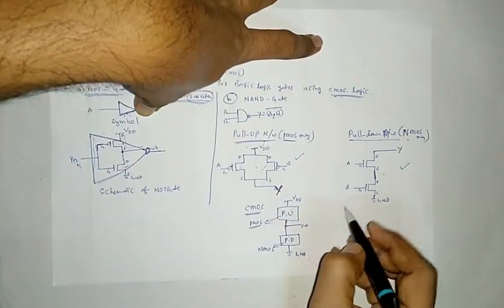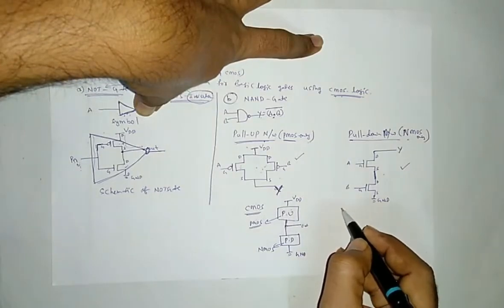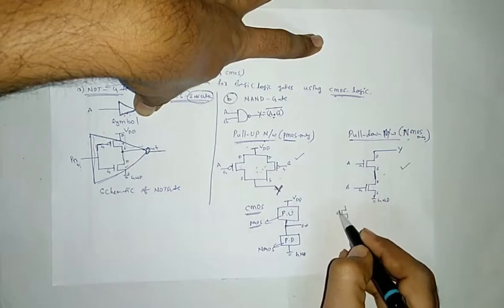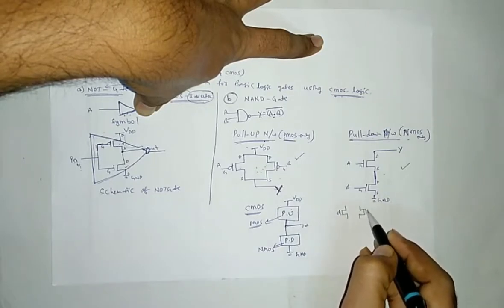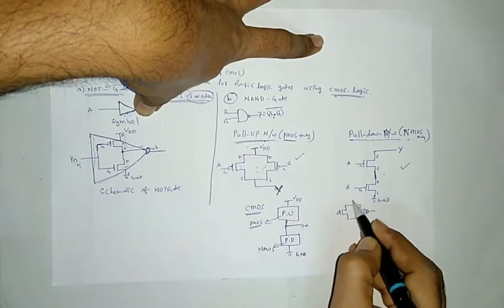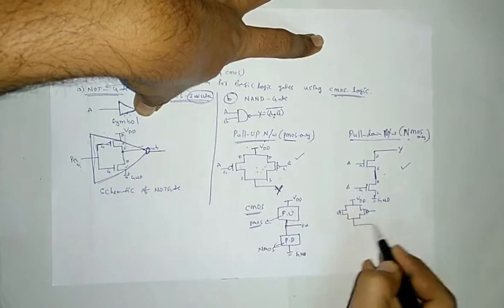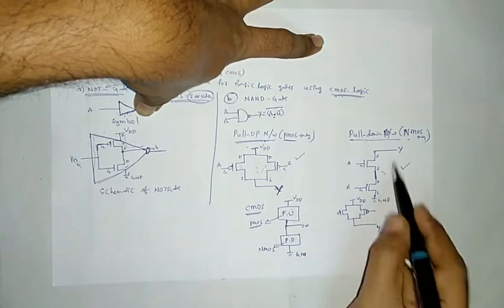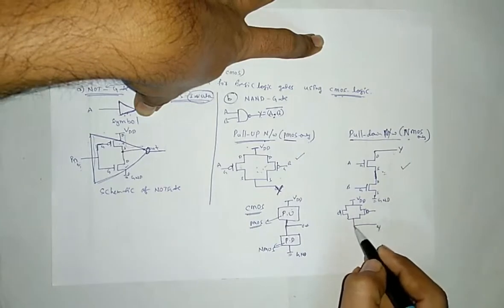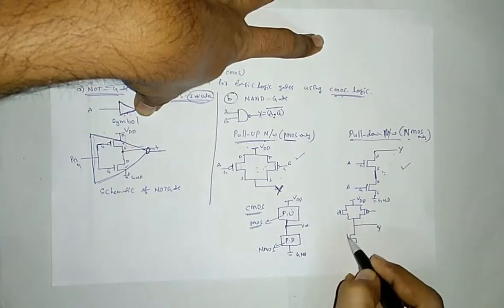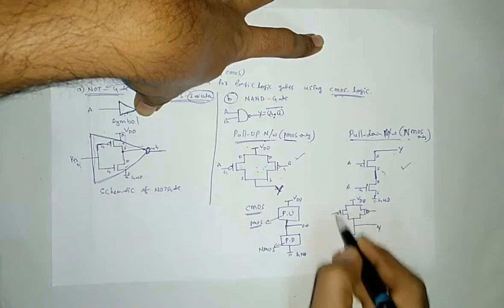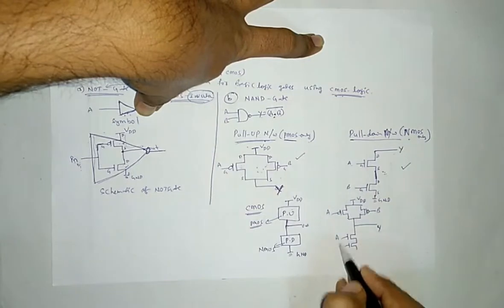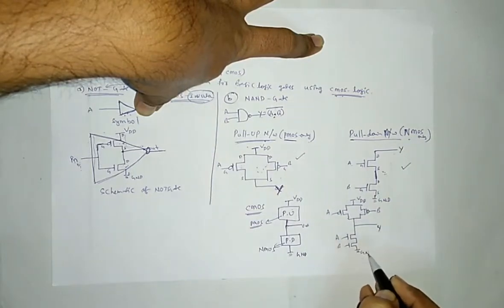Now the complete NAND gate schematic diagram, you have to draw this one. Okay, pull-up network, VDD and out, that is Y. Pull-down network, this one, output to ground, so output is Y. It is A, it is B, same as here, A, B, okay, ground.